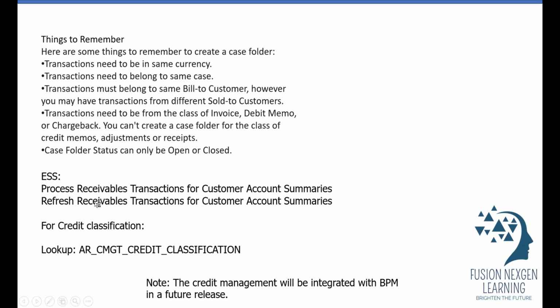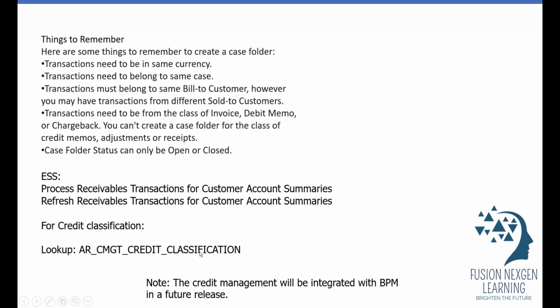Then the ESS jobs: these two ESS jobs must be run in the background so that the customer account summaries will be refreshed in the backend. Then for credit classification, any new customized classification you would like, you can define and create within the lookup type AR_CMGT_CREDIT_CLASSIFICATION.